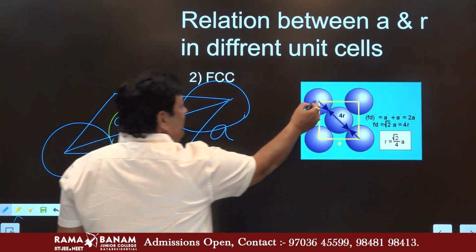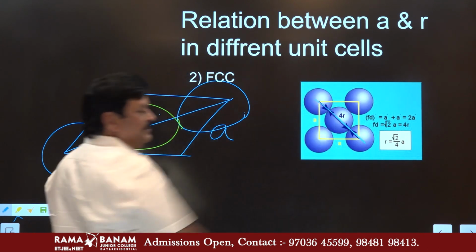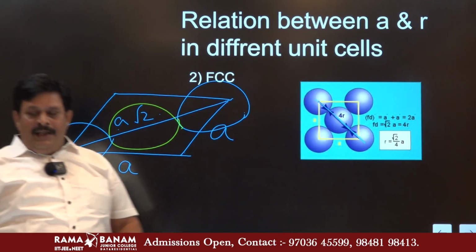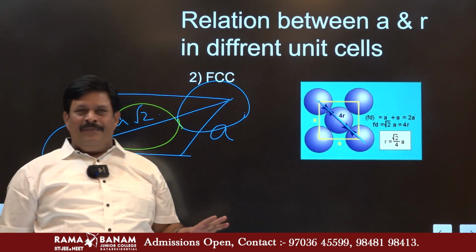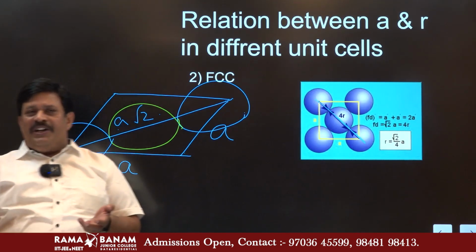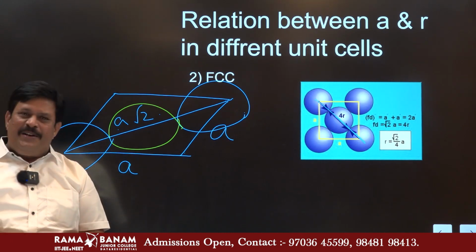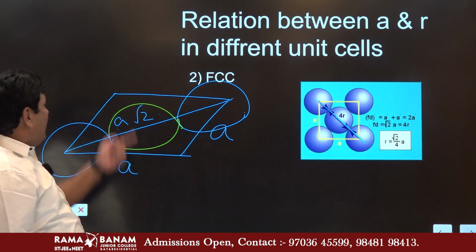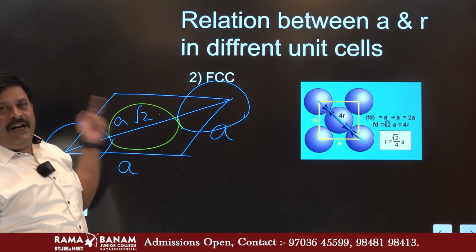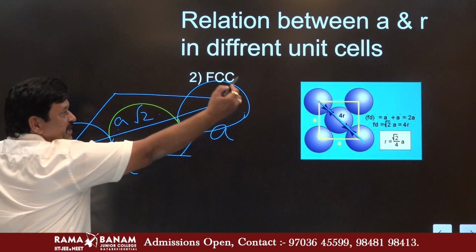The thing required here is where the particles touch. It is different in simple cube, different in FCC, and different in BCC. In simple cube, particles touch each other along a face edge, but in FCC, particles touch each other along the face diagonal.